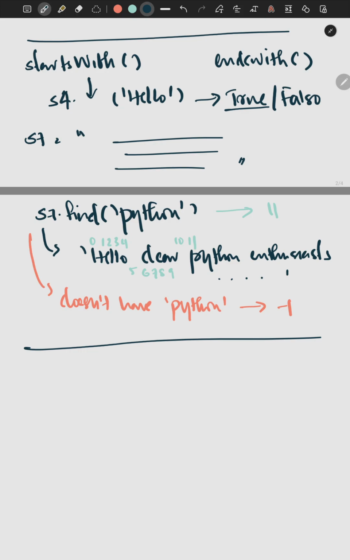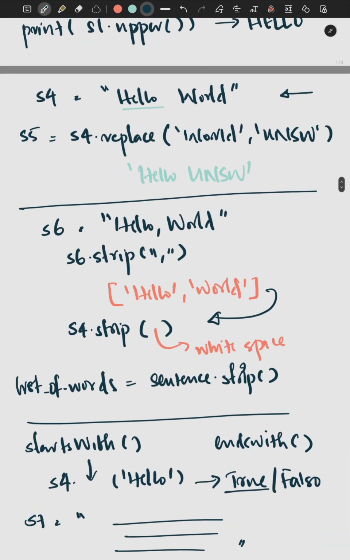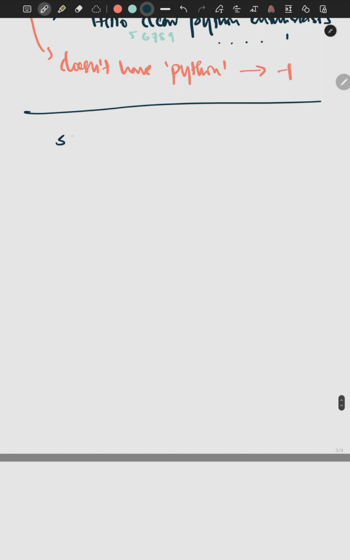Other than that, we can also do something else. We already have s4, that is hello world. Now what we want to do is count the number of occurrences of a particular character. Let's say we want to count the number of occurrences of o.